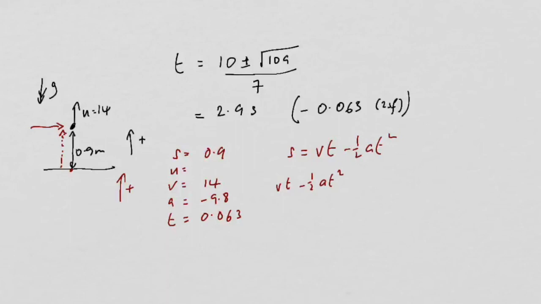Putting the numbers in, we get 14 times 0.063 minus a half times minus 9.8 times 0.063 squared, which gives us 0.90, two significant figures. And so it does make sense.